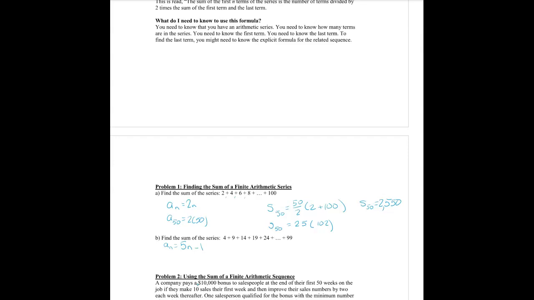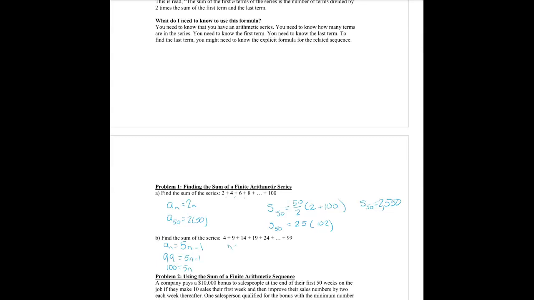Then it's just, what do I need to plug in for n in order to get 99? Because I need to know what my nth term is. Well, I know that A sub n is going to be 99, and I've got 5n minus 1. So then I've got 100 equals 5n.